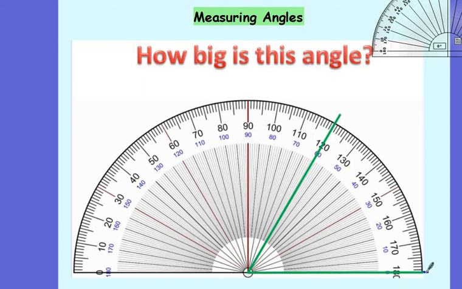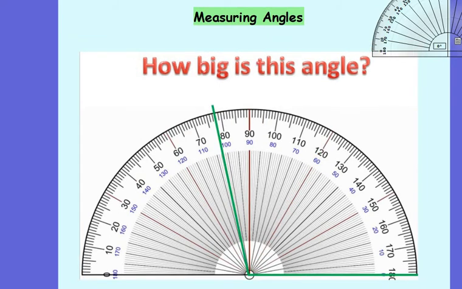So we're starting here and we've got 10, 20, 30, 40, 50, 60 degrees this time. How about the green angle now? Okay, this time we've got 10, 20, 30, 40, 50, 60, 70, 80, 90, 100 and 2 degrees.